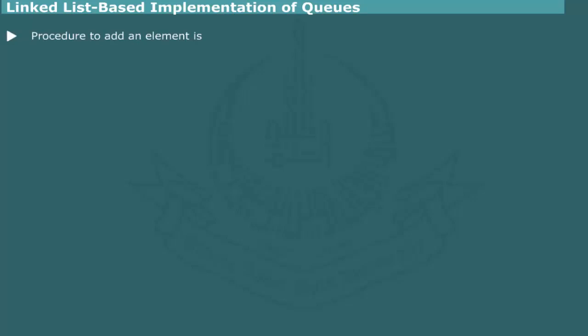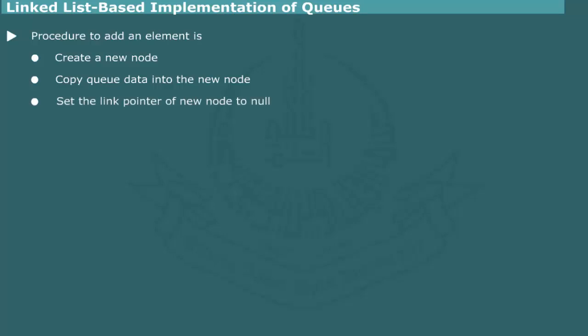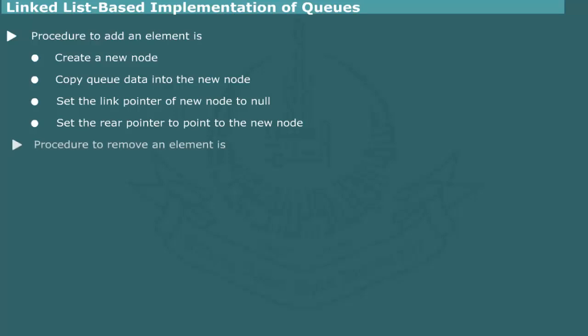To recapitulate, in order to add a new element to the queue, we create a new node, copy queue data into the new node, set the link pointer of new node to null, set the rear pointer to point to the new node. To remove an element from the queue, we proceed like this.